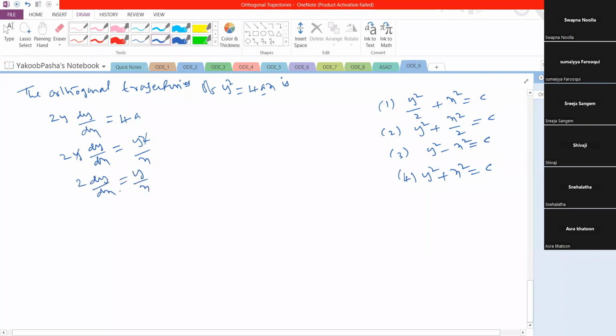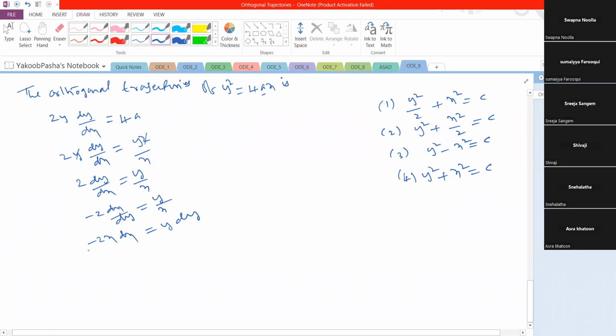So replace dy by dx by minus dx by dy. That is minus 2y dx by dy is equal to y square by x. So minus 2x dx is equal to y dy. Now integrate.